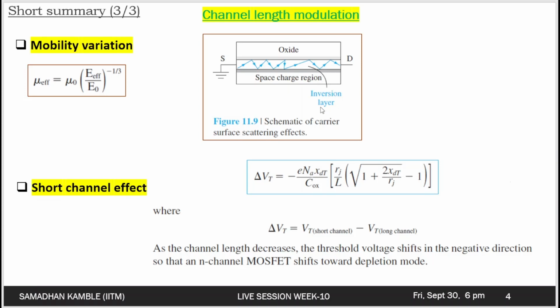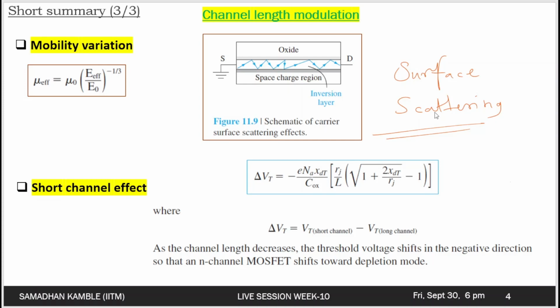This effect is schematically shown in this particular figure here, and is called surface scattering. The surface scattering effect reduces the mobility, and if there is a positive fixed oxide charge near the oxide semiconductor interface, the mobility will be further reduced due to the additional Coulomb interaction.